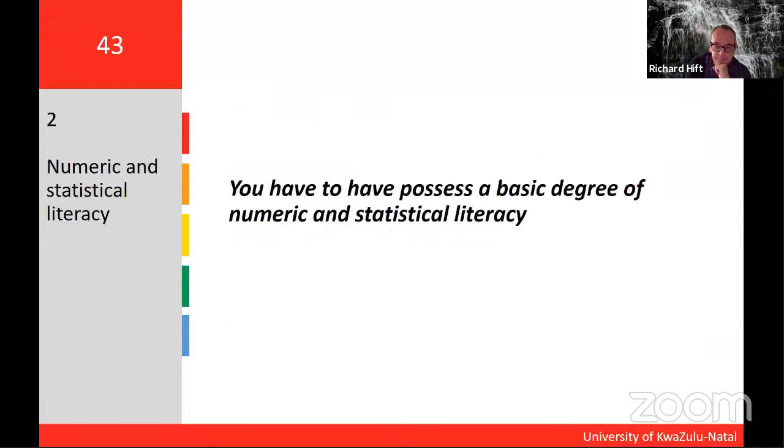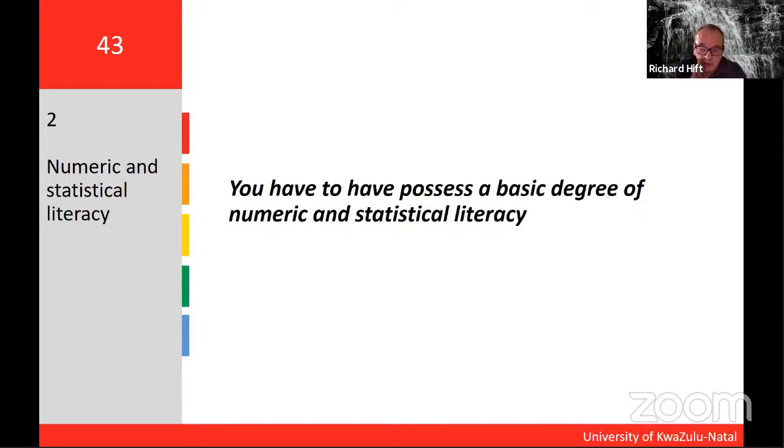Right. So my second point, again, as I've made repeatedly: you have to possess a basic degree of numeric and statistical literacy if you are going to write up numeric results and describe what you did with them in your methods.